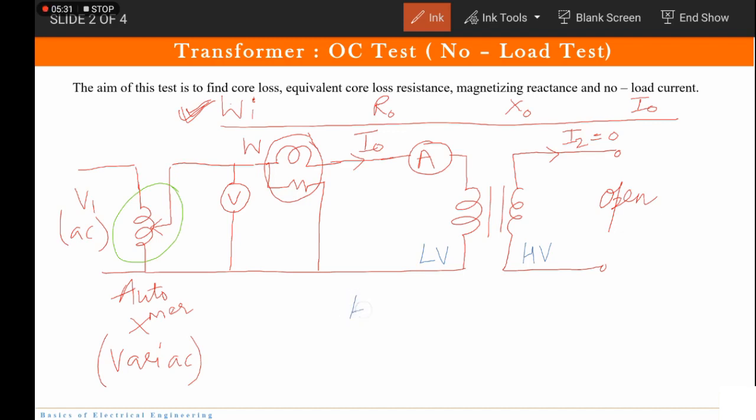Now please remember, in open circuit test, the high voltage side is open circuited, and the low voltage side is given supply. Fine. So basically this is the setup.